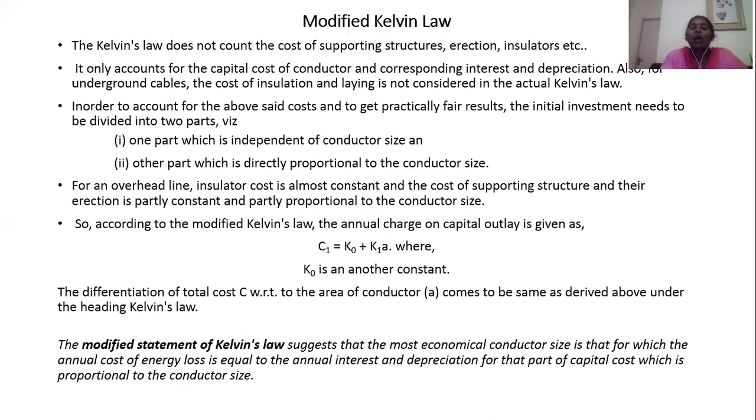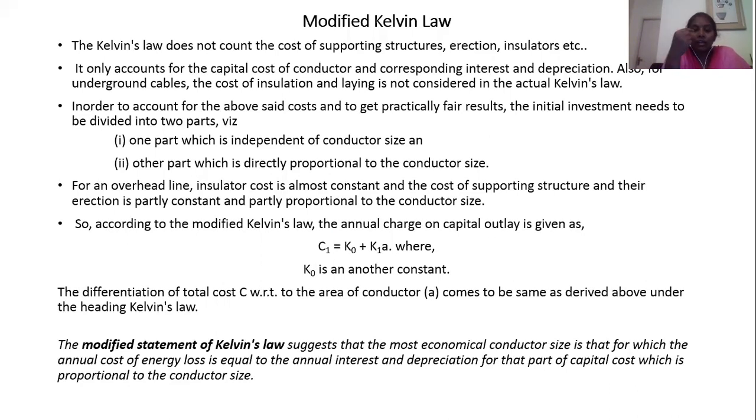The part that is proportional to the conductor size is taken as K1A. So K0 represents the insulator cost and the supporting structure cost, which are partly constant and hence do not depend upon any variable.